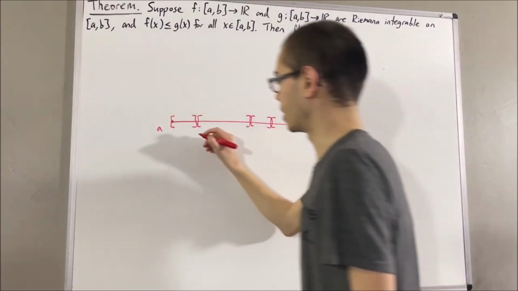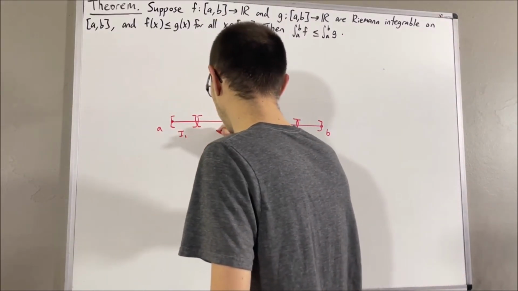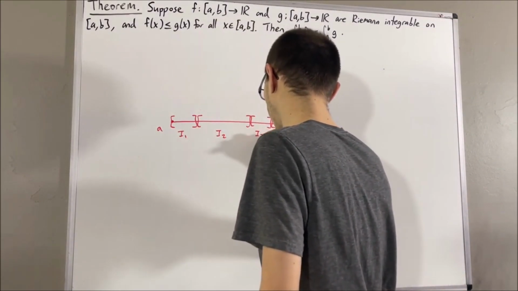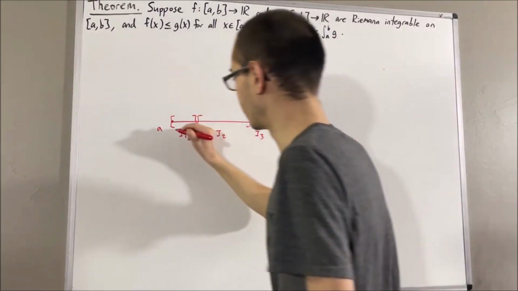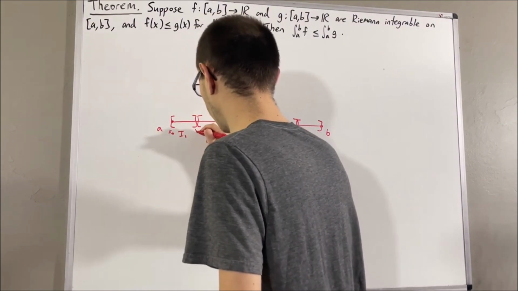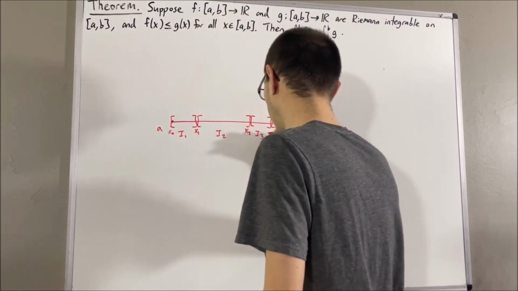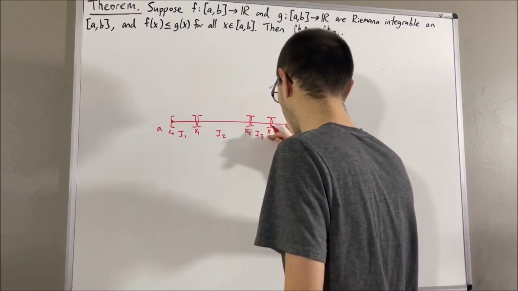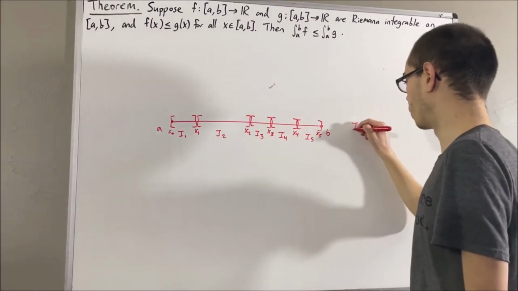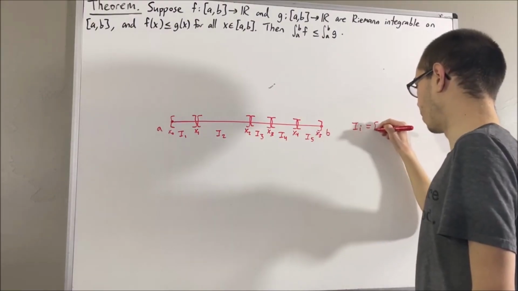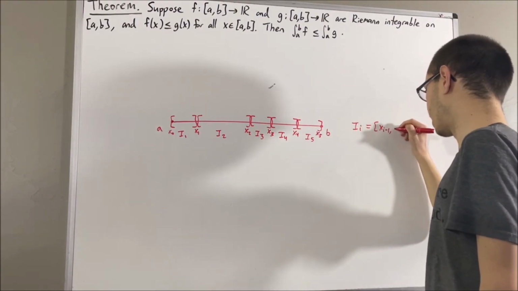And we might label these intervals I1, I2, and so on. We might label the endpoints of the closed intervals x0, x1, x2, and so on. So in general, a subinterval Ii would be given by [x_{i-1}, x_i].